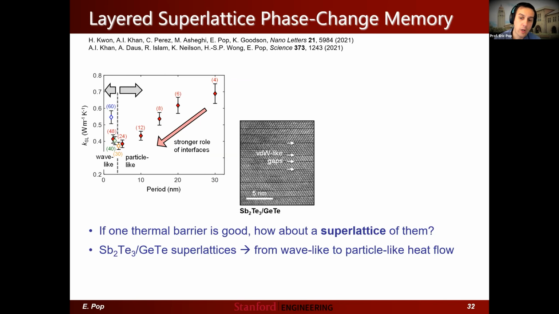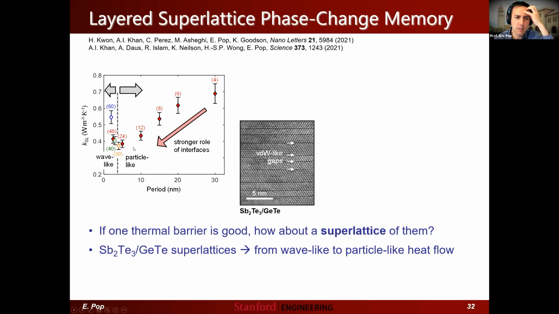The other question that we recently asked and answered, and these are papers that were actually just published a few months ago, and it's not strictly a 2D material, but it's kind of a cousin of a 2D material because you see the van der Waals gaps, and these are very, very thin materials. If one interface is bad, what about multiple interfaces? Of course, thermally, they're going to be much worse, it turns out, right?